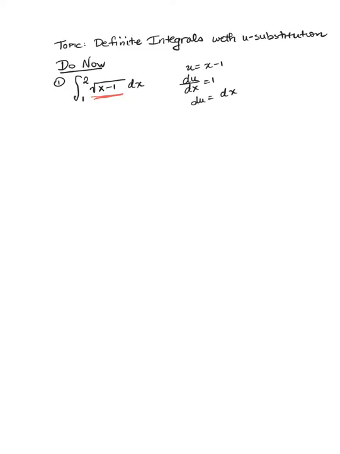So this integral would become the integral of u to the 1/2 du, which would anti-differentiate into u to the 3/2 times 2/3 plus c.